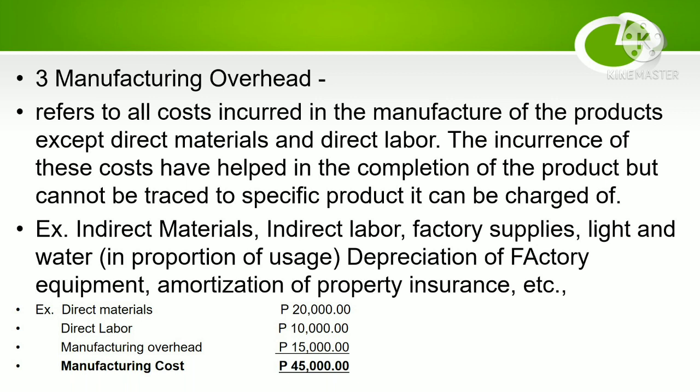The incurrence of this cost have helped in the completion of the product but cannot be traced to specific product, it can be charged off. So example, indirect materials, indirect labor, factory supplies, light and water in proportion of usage.